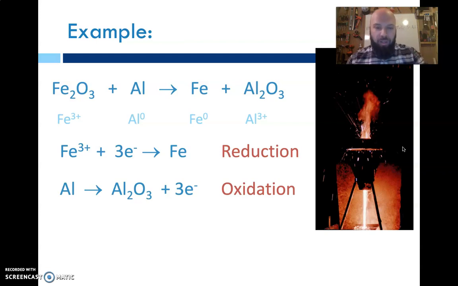I've written the reduction and oxidation half reactions slightly differently. You could, in this reaction here, write Al 3+ to just show that aluminum is being oxidized. But you can also show that in this compound, the Al 3+ balances with the negative charge of oxygen.